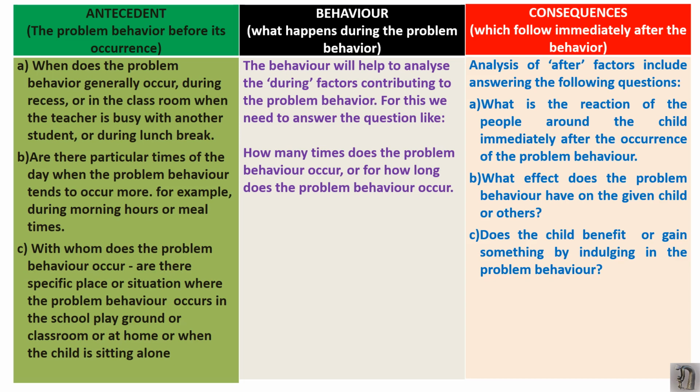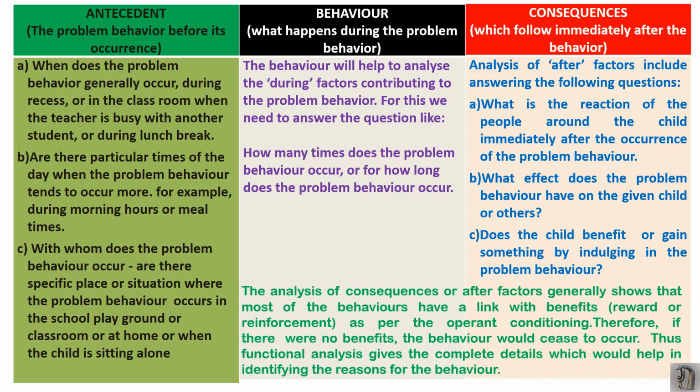And when the child finished tapping, what happened? The child got hurt in his palm, or other children were laughing, or someone slapped him. What were the consequences? In this way you need to understand the problem behavior of the child.